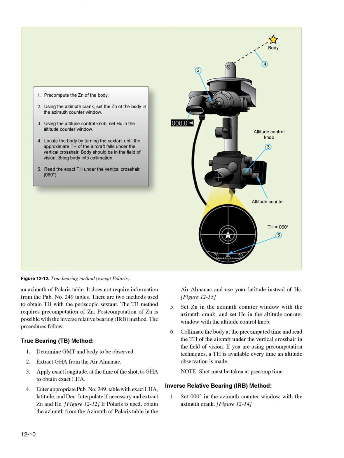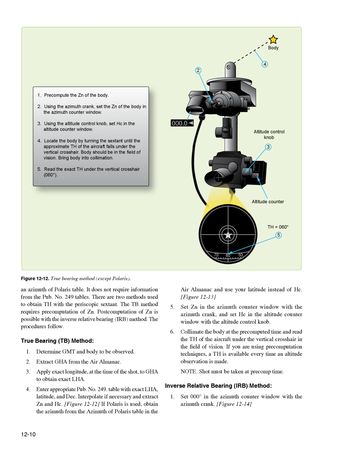4. Enter appropriate Pub. No. 249 table with exact LHA, latitude, and dec. Interpolate if necessary and extract Zn and Hc. Figure 12.12. If Polaris is used, obtain the azimuth from the azimuth of Polaris table in the Air Almanac and use your latitude instead of Hc. Figure 12.13. 5.